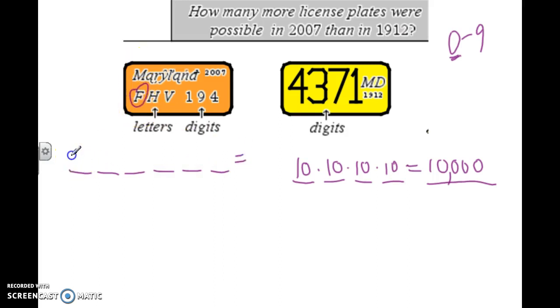It could be any letter, so 26 letters. It doesn't say repeats are not allowed. So there's 26 here, times 26, times 26, and then for the first digit, there are 10 digits, so 10 times 10 times 10. Type that in your calculator, get your answer. That's how many possibilities. It's probably in the millions here. It's quite a bit. And so then you choose your calculator at that point.